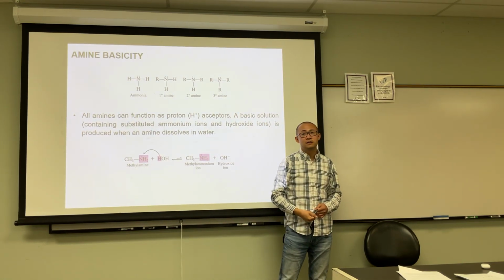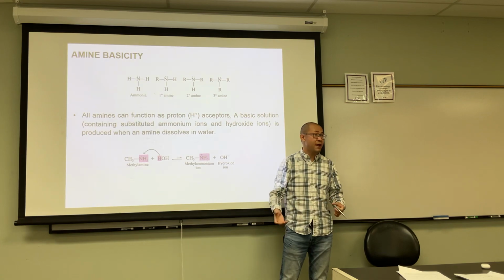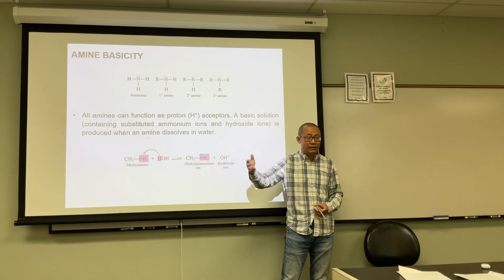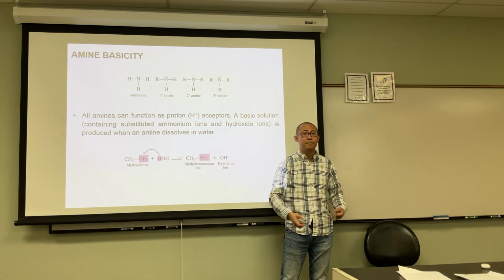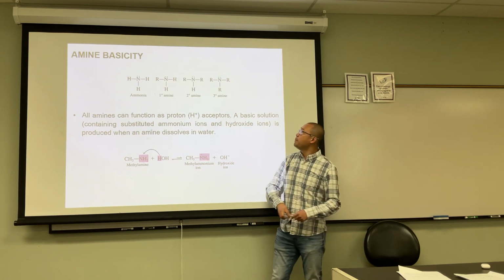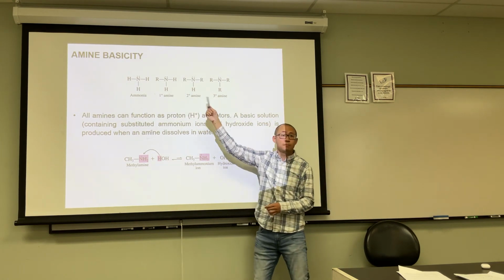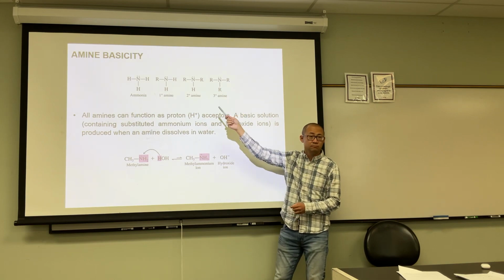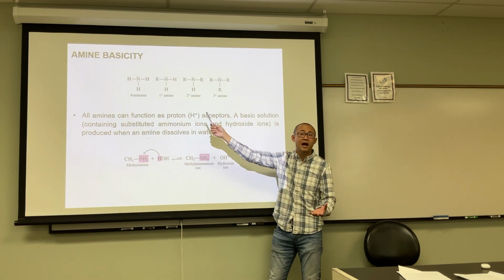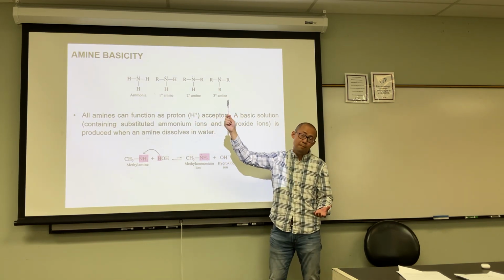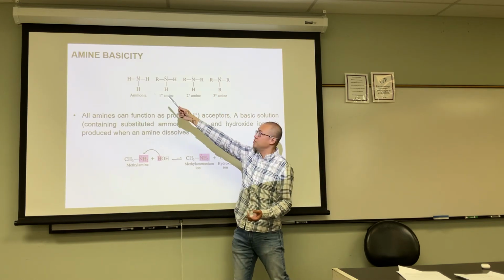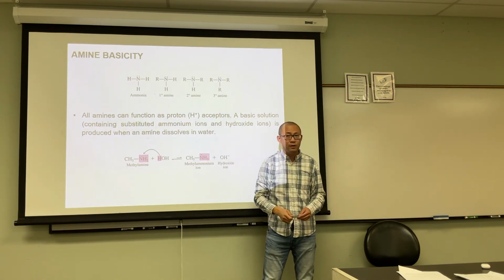We call that non-bonding or lone pair sometimes. Lone pair means they're not involved in bonding. In all these molecules they're basically the same. The only difference is how many hydrogens or R groups are bonded to it. But the nitrogen itself is very similar property-wise.